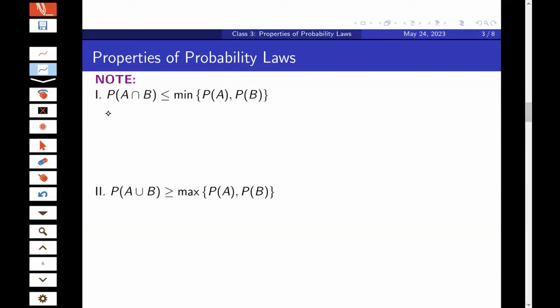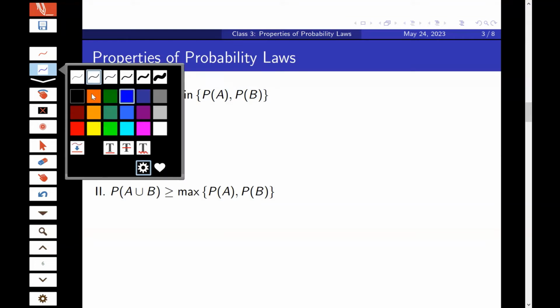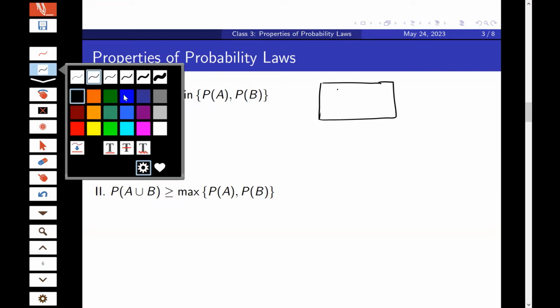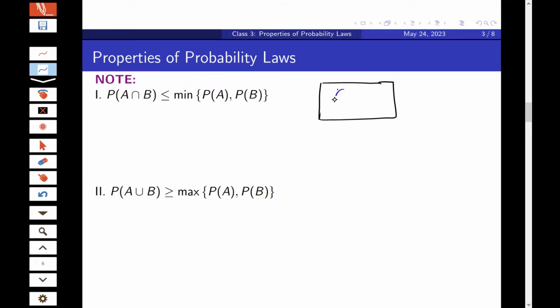Okay, so I'm going to draw this one here. This is event A and B, so this is for any event.